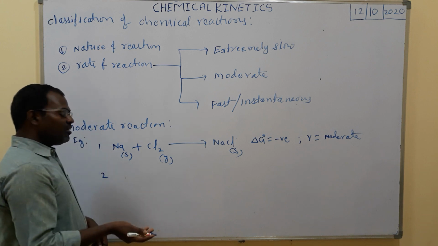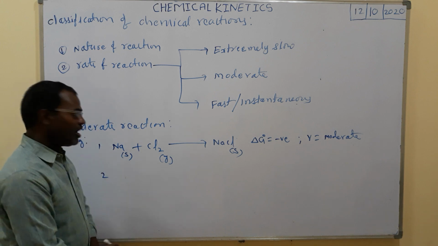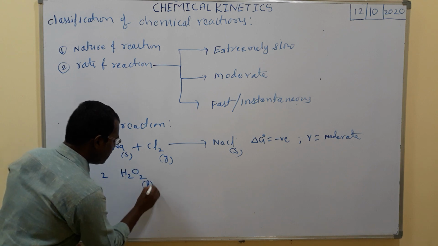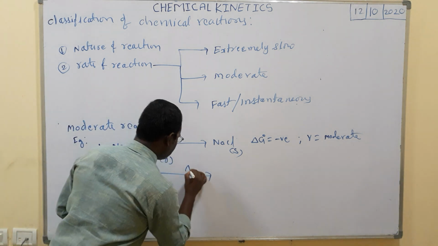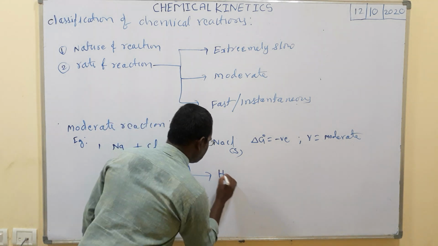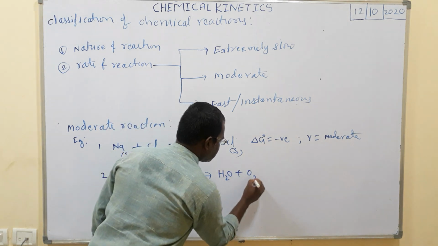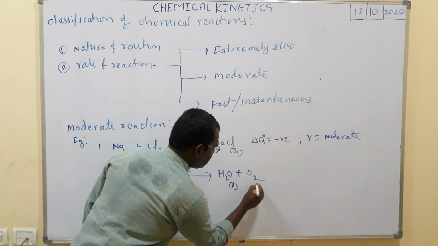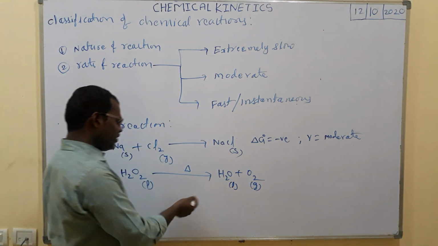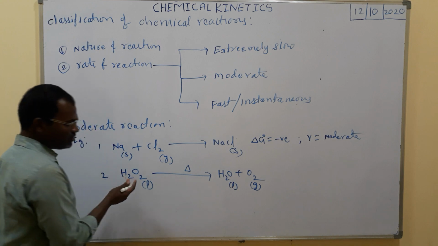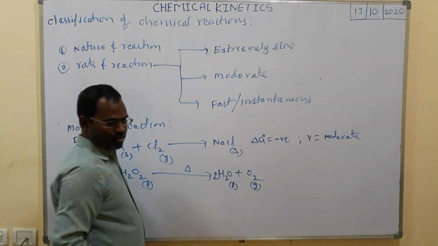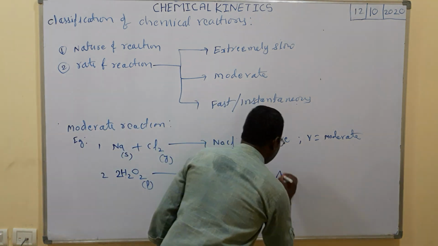Otherwise, take the decomposition of hydrogen peroxide. It is H2O2, a liquid. On thermal decomposition, we can get H2O plus oxygen. Here it is a liquid and this is a gas. For this reaction, let us take the stoichiometry 2 moles, and 2 moles, then we can get 1 mole of oxygen.